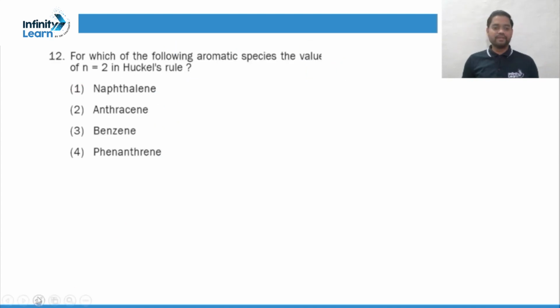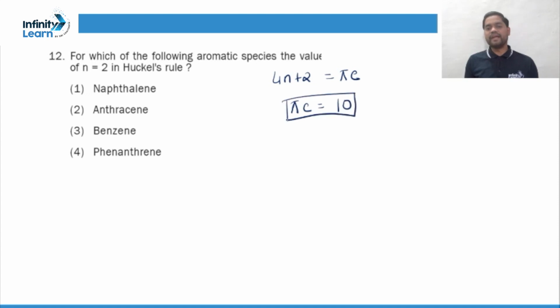Now coming to the next question. 12th: for which of the following aromatic species is the value of N equal to 2 in Huckel's rule? So 4N plus 2 equals the pi electrons. If N value is 2, so 4 times 2 is 8, plus 2, that means pi electrons should be 10. And 10 pi electrons are found in what?